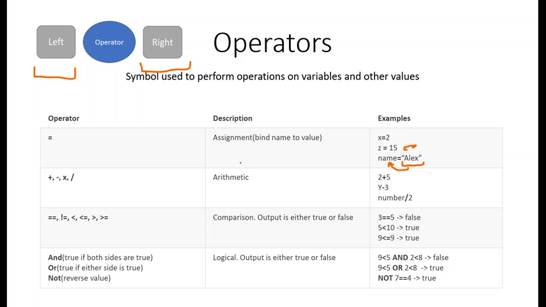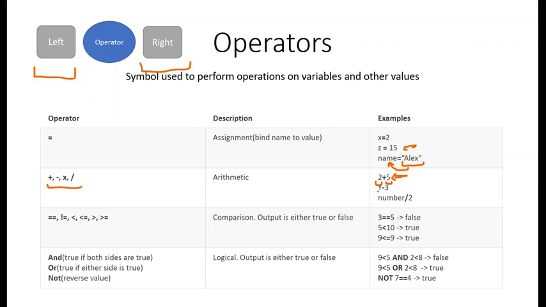Okay, the second type of operators is the arithmetic operators. These mainly are represented by the plus, minus, multiplication, and division signs. For example, here we have 2 plus 5. The left side is 2, the right side is 5, and the operator is plus.